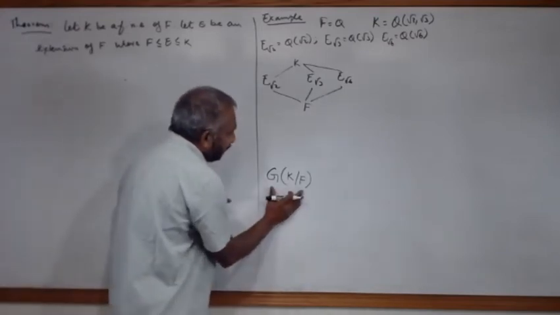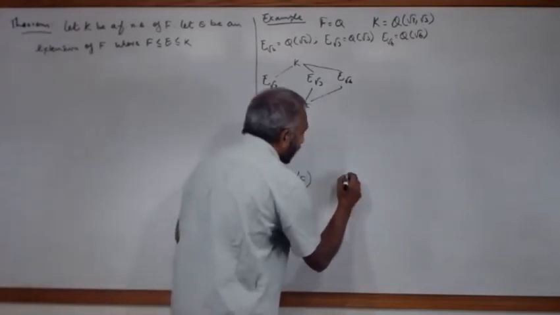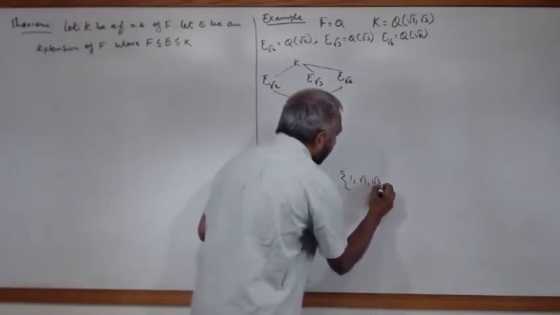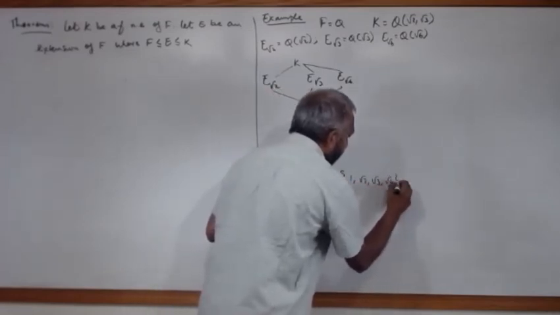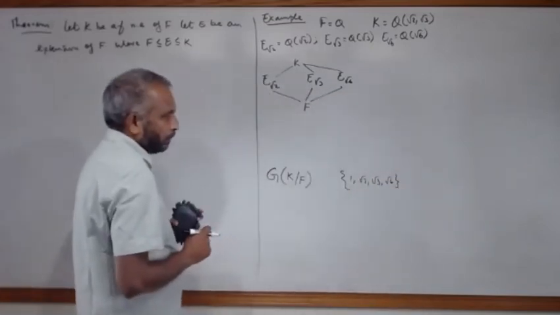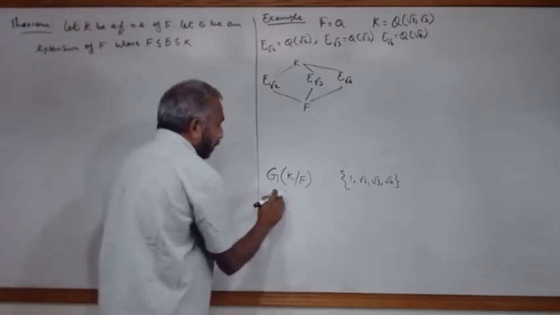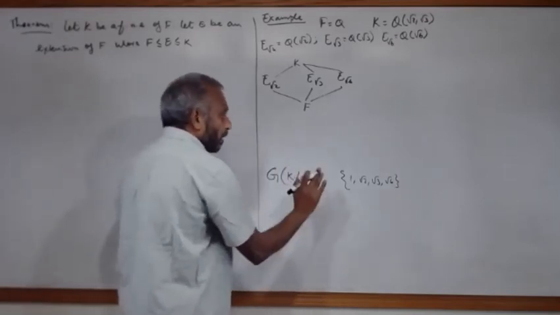The elements of this group is determined by 1, root 2, root 3 and root 6. So the automorphisms are, there are only 4 automorphisms.